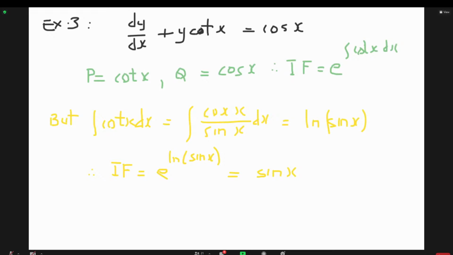Now that we have the integrating factor, we go straight into our substitution. So therefore, y times the integrating factor is equal to the integral of q by the integrating factor dx.